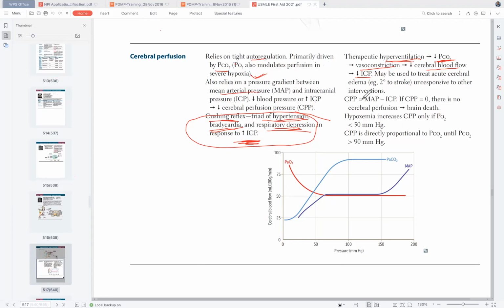The cerebral perfusion pressure is the mean arterial pressure, which is coming from the heart, minus the intracranial pressure. The heart is trying to send blood up, but the intracranial pressure is trying to push blood out of the brain. If you subtract it, the final value is what enters the brain. It makes sense, right?